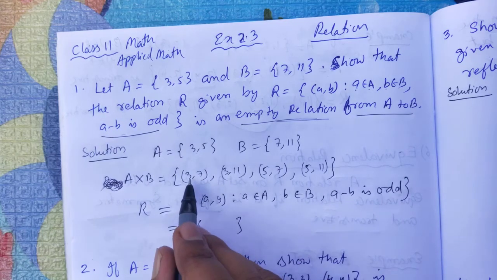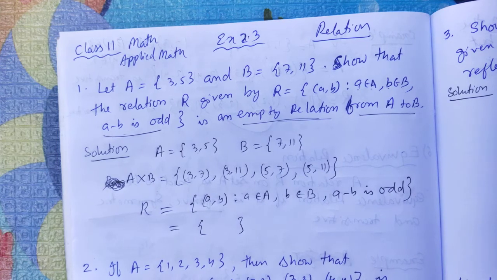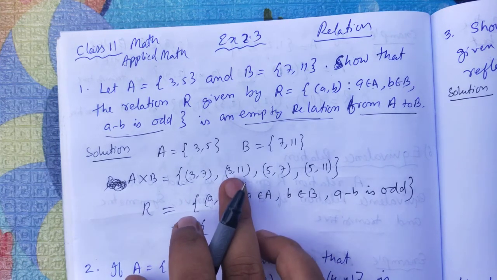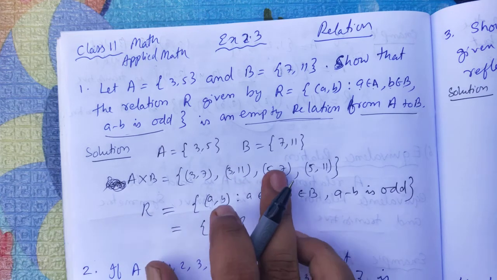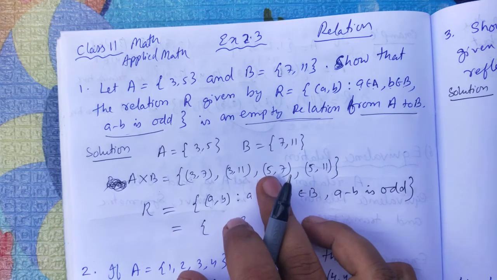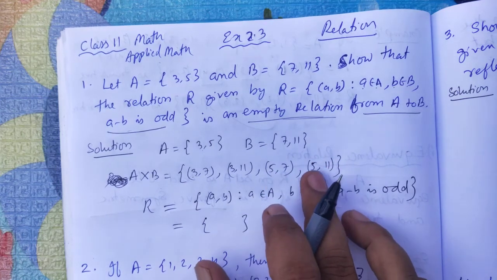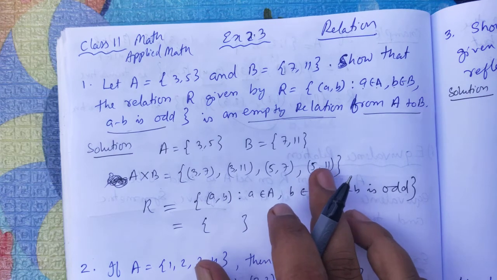If I subtract 3 minus 7 or 7 minus 3, we get an even number, we get 4. If I subtract these two also, I get 8, an even number. If I subtract these two, I get 2. If I subtract these two, that is also an even number. If I subtract these two, I get 6.